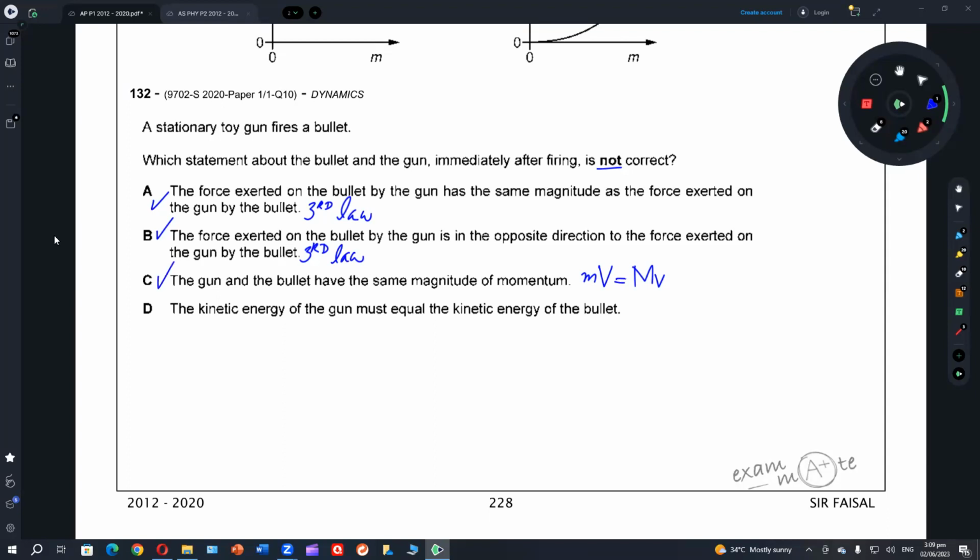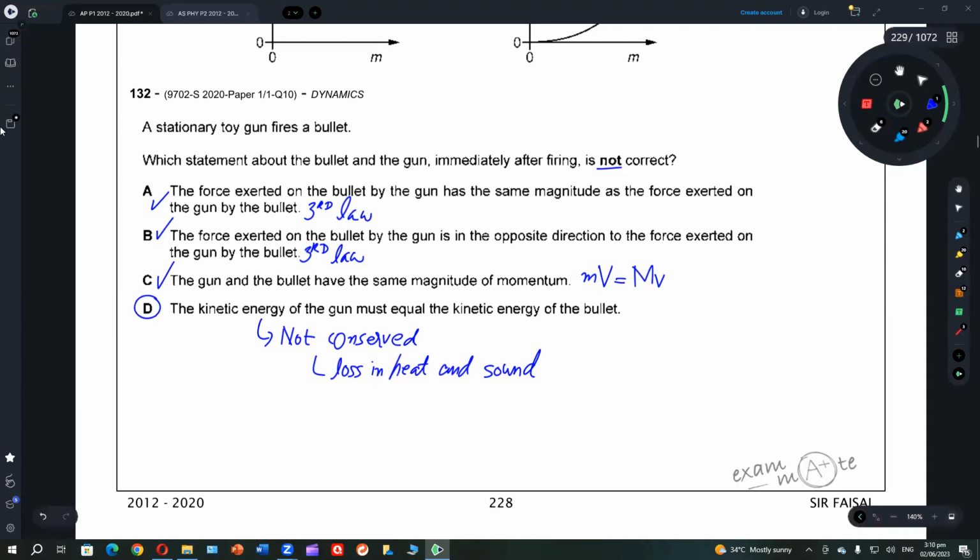The kinetic energy of the gun being the same, that is wrong because kinetic energy is not conserved. So I hope you get this point that kinetic energy is not conserved. This is a good theory question.